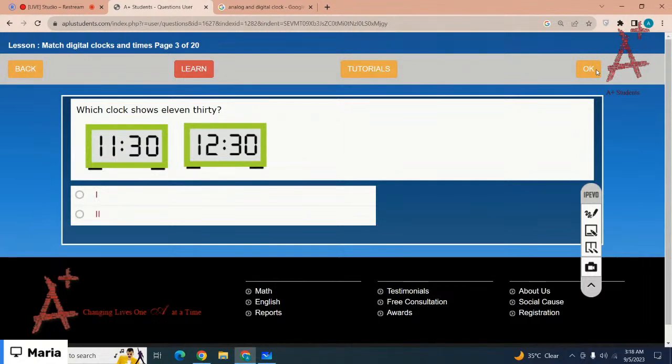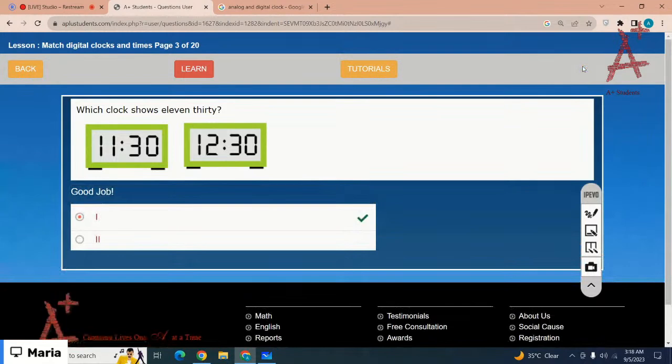So which is the correct option? Option number 1 is the correct option, that this one shows 11 hours and 30 minutes.